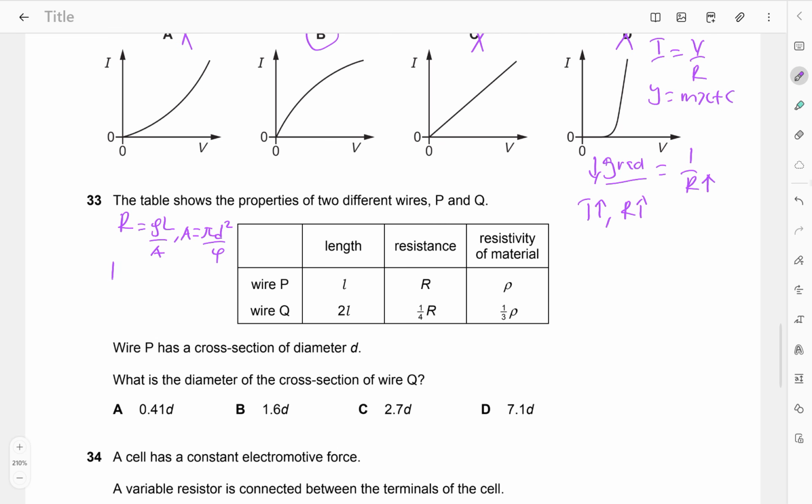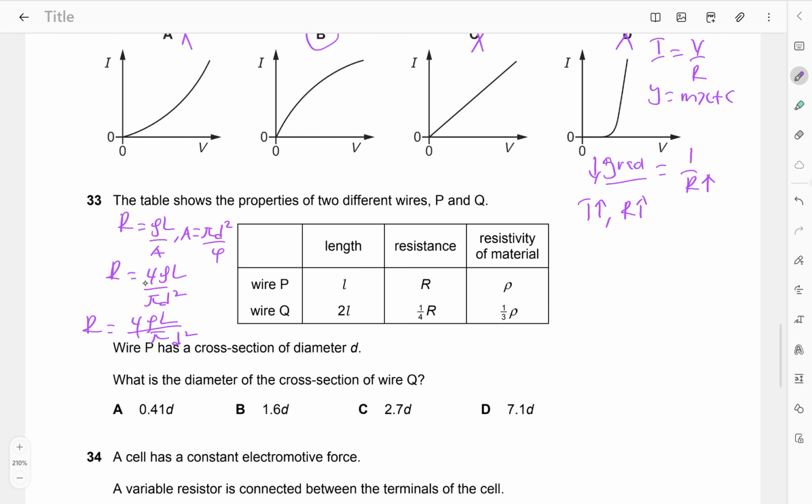So the resistance is going to be equal to 4 rho L over pi d squared. For P, resistance is given as R. Then this will be 4, resistivity is given as rho, length is given as L, over pi, diameter is given as d squared.